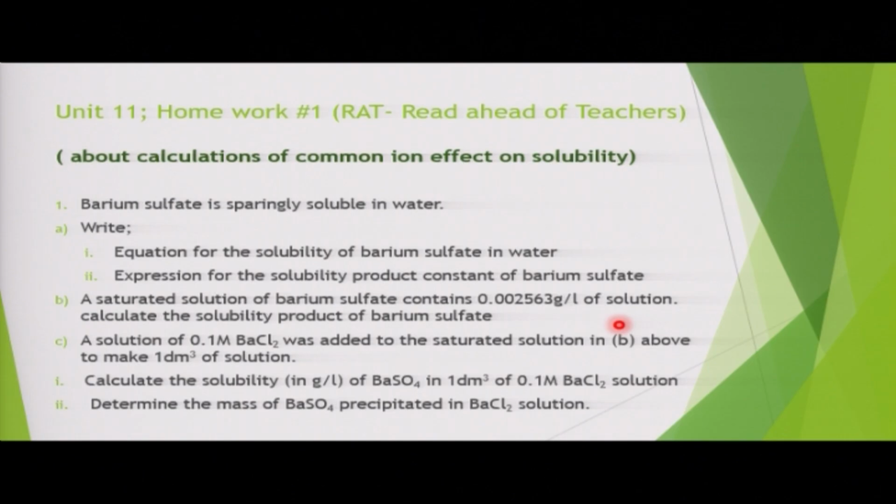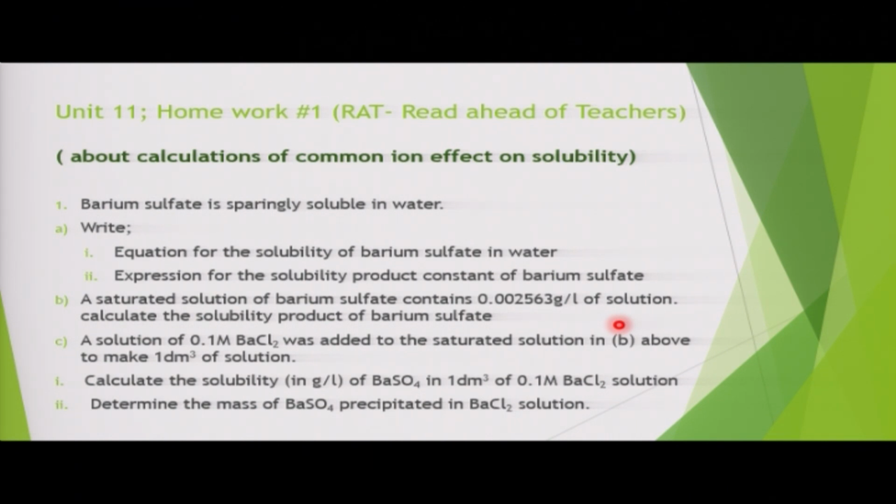This is homework I'm leaving for you to go and read first, then you try it. We shall do it in our lesson 3. It's about calculations involving common ion effect on solubility. It is kind of different from what we've just calculated, but it has one aspect in common.